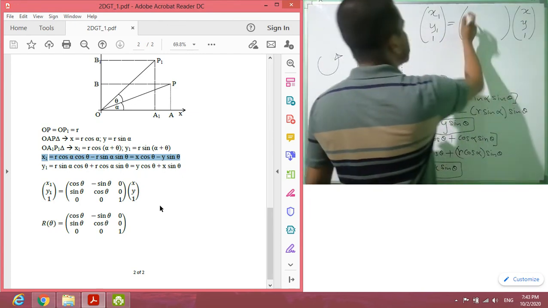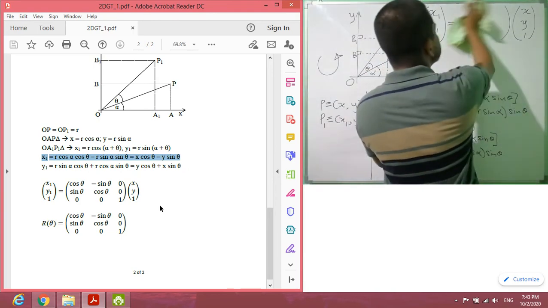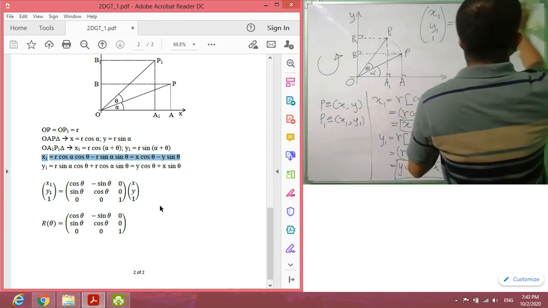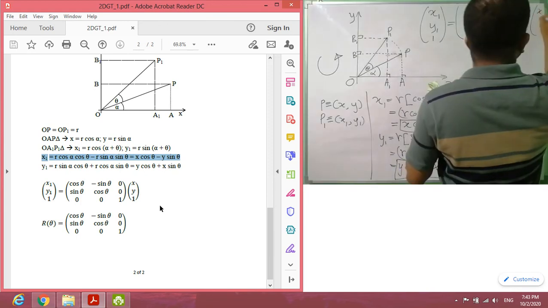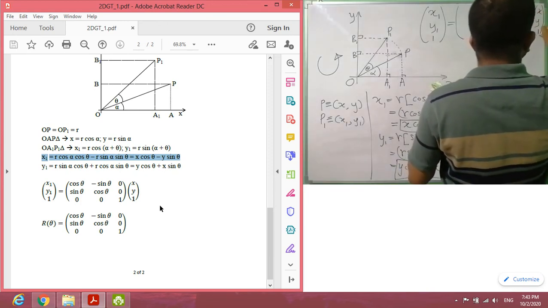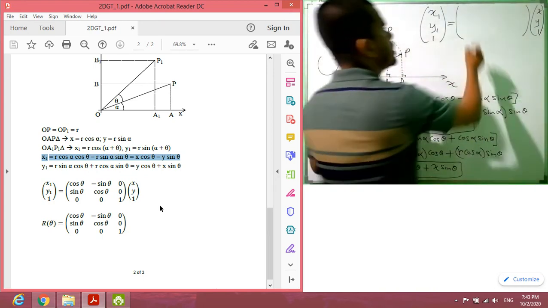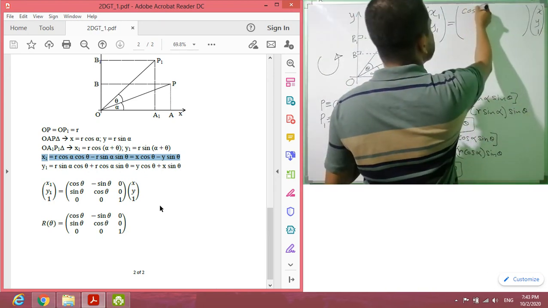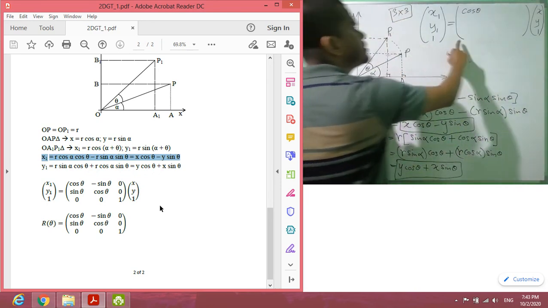Since space is not enough, I will write it like this. Here we have (x, y, 1), then x cos theta minus y sin theta. We try to form a 3 by 3 matrix here.